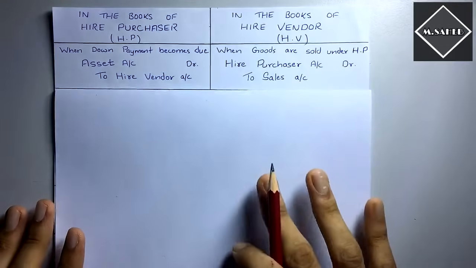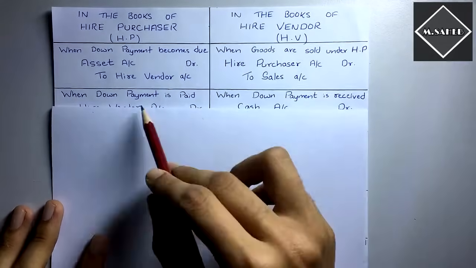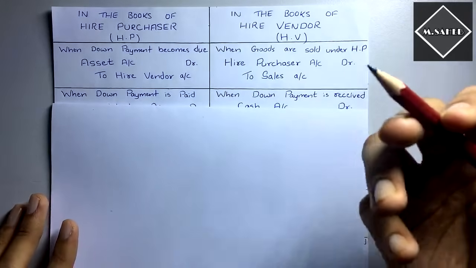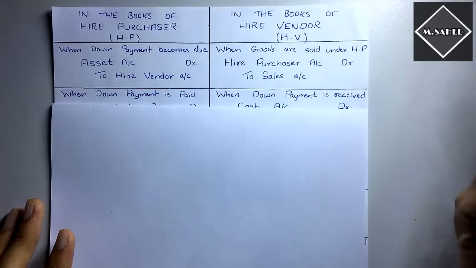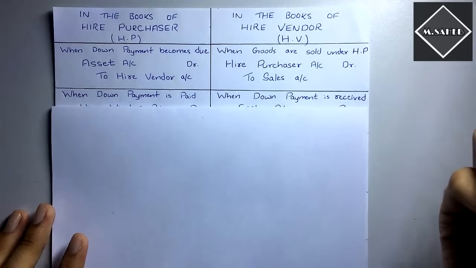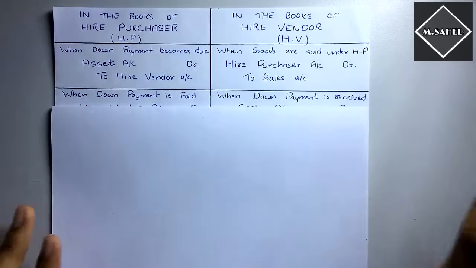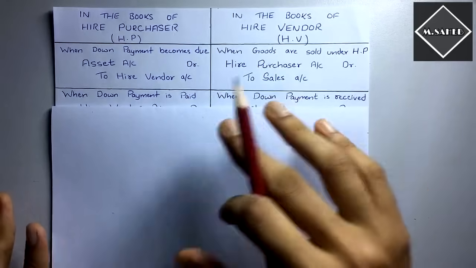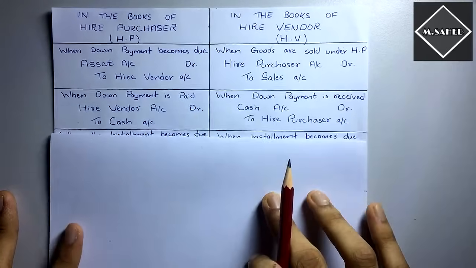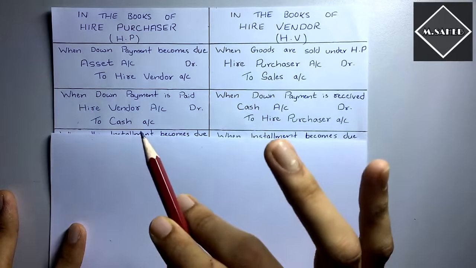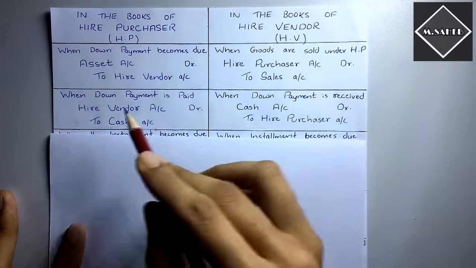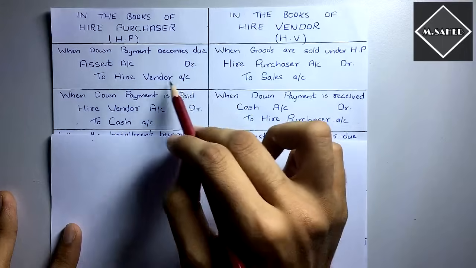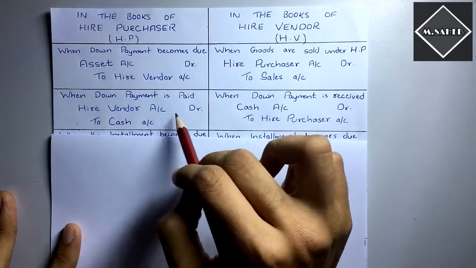So here liability has arisen. Now let's see the next entry, that is when down payment is paid. Whenever the word paid comes, immediately you have to think about cash. Paid means cash is going out, so cash will be credited. That is final. Cash will be credited, to cash account, because cash is going out. Hire vendor account is debited. Here the liability was created, and now that liability has been fulfilled, that has been paid.